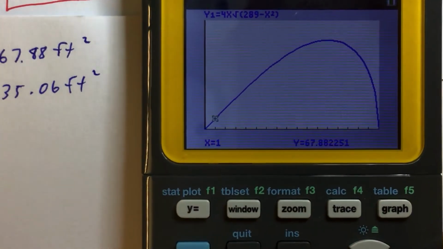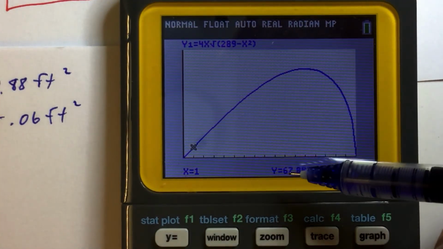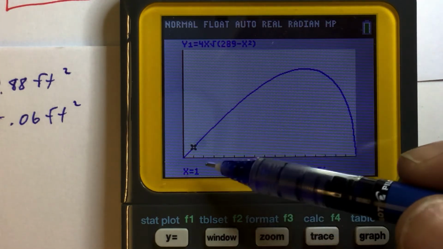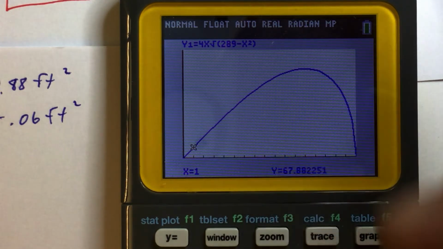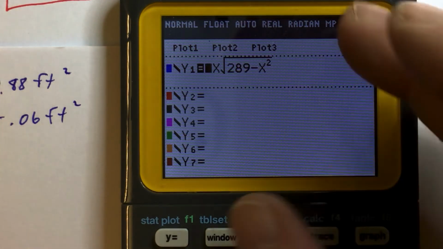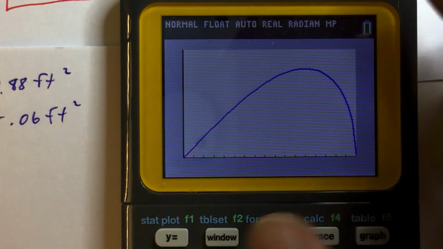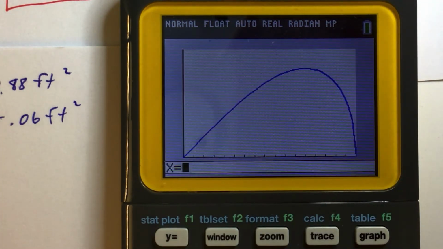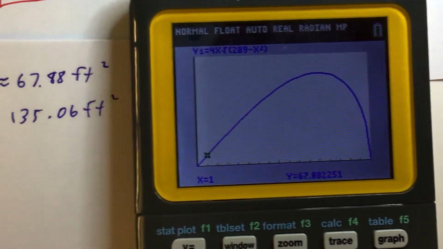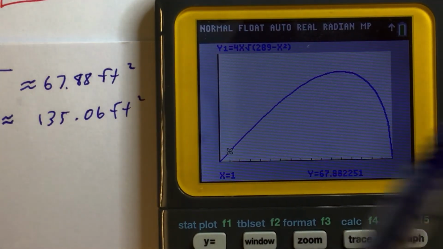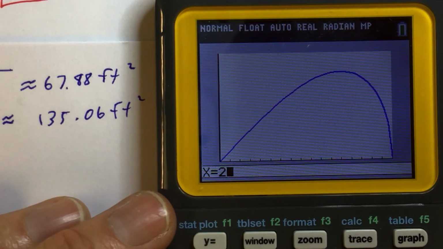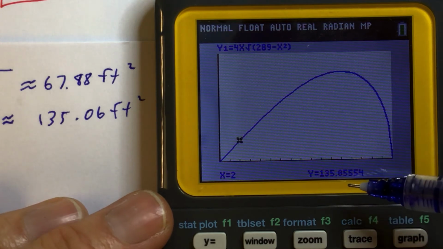On the graphing calculator, when x is 1, y, which again represents the area of that rectangle dependent upon x, is 67.88. And then if we calculate the value when x is 2, we would get 135.06.